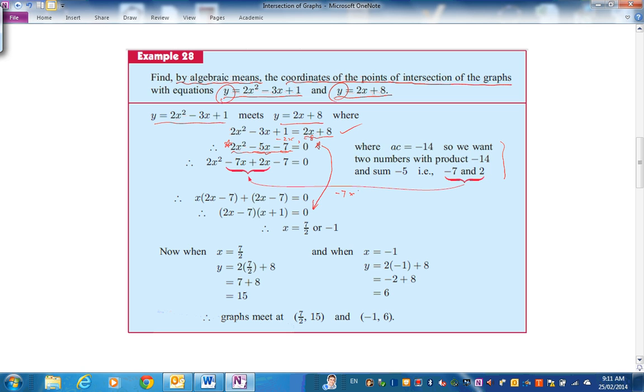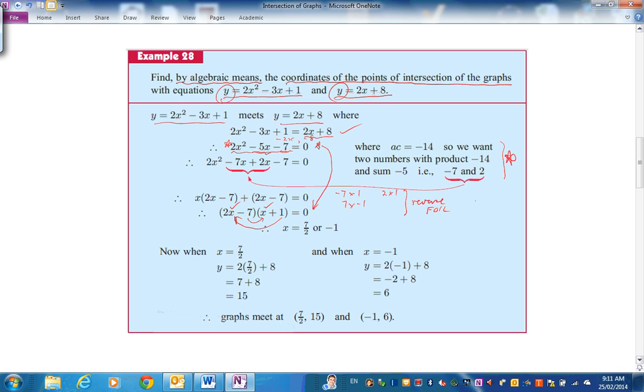So it's neg 7 and 1, or 7 and neg 1, and then we want two numbers multiplied together to give 2 out the front, 2x squared, so it's 2 and 1. So you can put 2x in there and 1x in there, and then you can see it, can't you, that if you have neg 7 and x and plus 2x, you would get neg 5x. So this is a reverse FOIL approach, rather than having to use this method up here, which is a bit long for this particular type of problem.